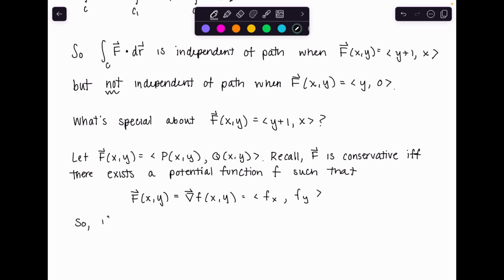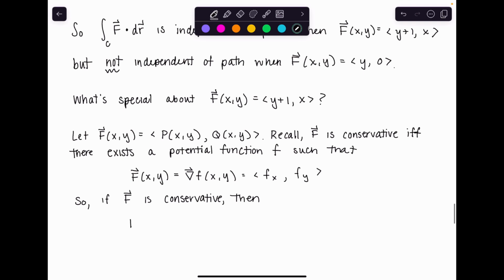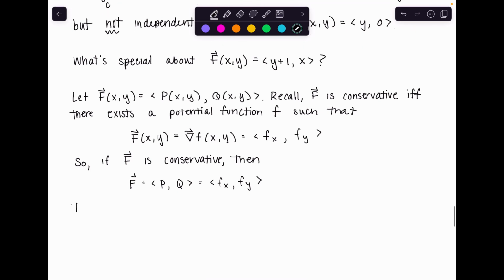So ultimately, if the vector field F is conservative, then these components, P and Q, represent these partial derivatives. Okay. So basically, the first component is the partial with respect to x, and the second component is the partial with respect to y.